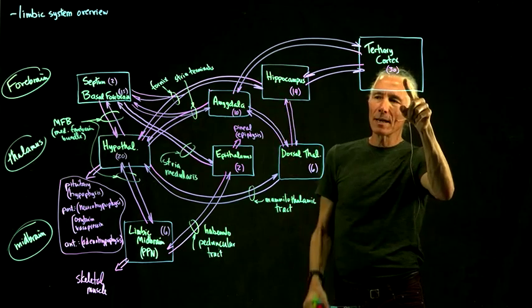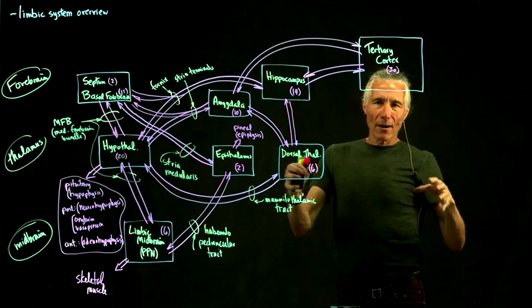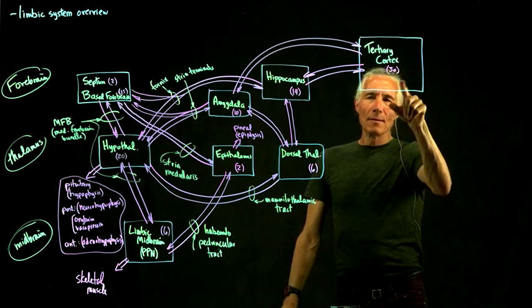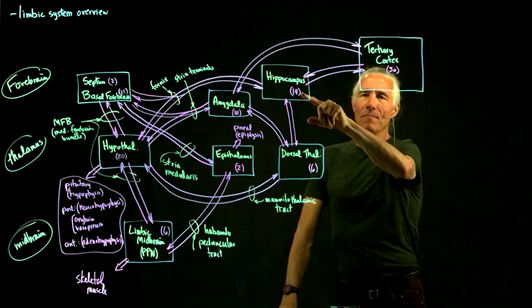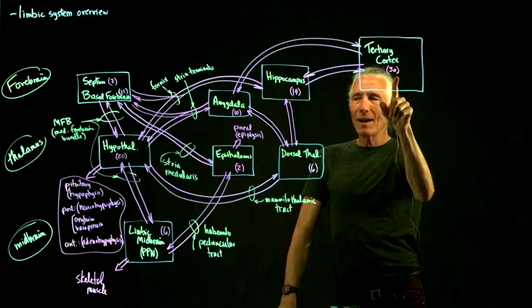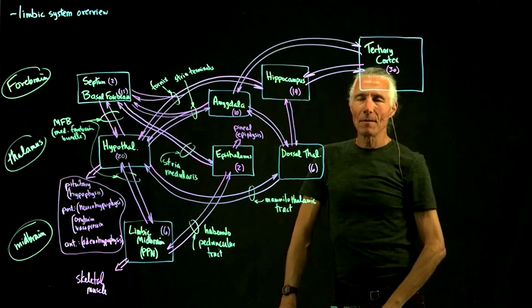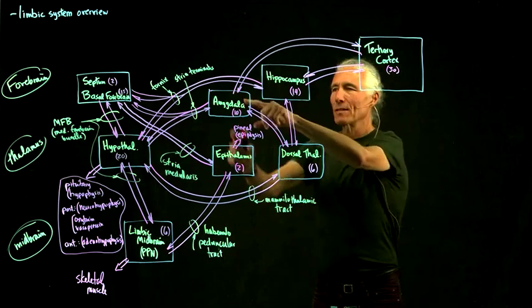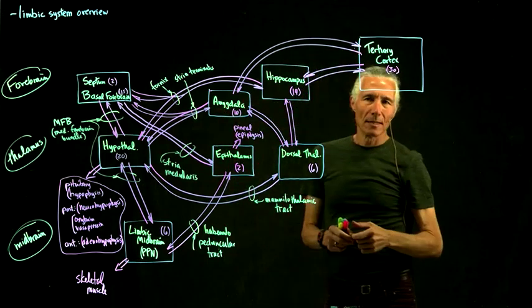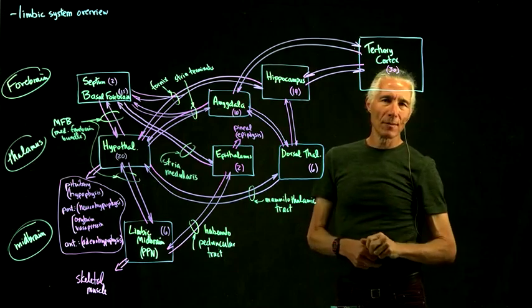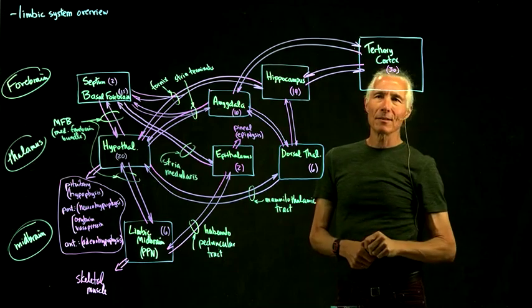A monkey is a little more hierarchical, has more cortical areas, especially visual ones, and primary cortex doesn't go to the hippocampus. But there's a weak connection from primary cortex all the way to the amygdala, even in a monkey. But most of the connections to the amygdala and the hippocampus in a primate or a human are coming from third or fourth level areas in the cortex.